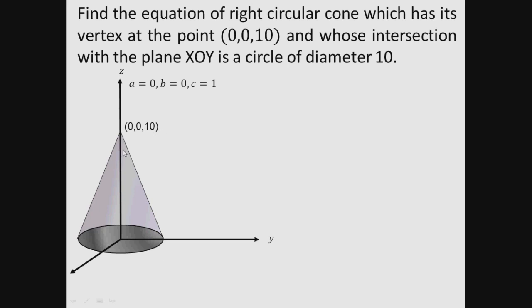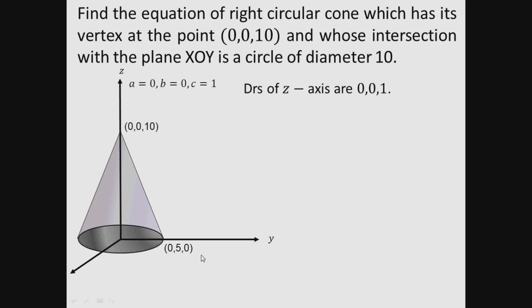Either you take a point on the x axis, this radius is 5, so the distance of a point from the center will be 5. So either you take this point as 5, 0, 0, or you take a point on the y axis with x and z as 0, and the distance on that circle from the center will be 5 because the radius will be 5. So we get one point on it. So we can get the DRs of the generator from these 2 points.